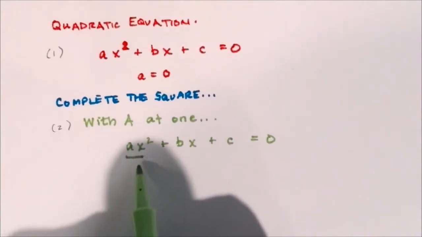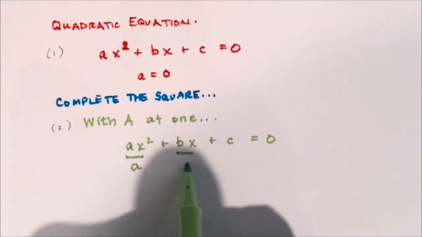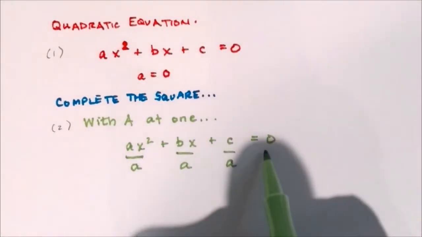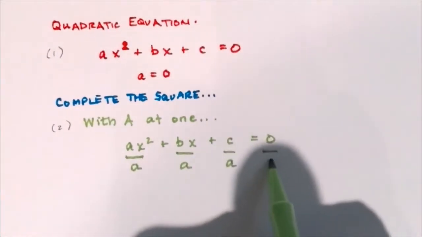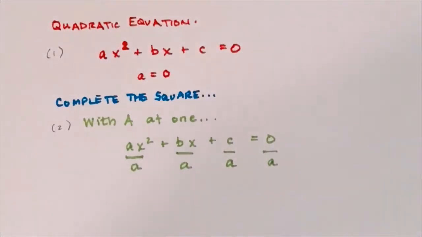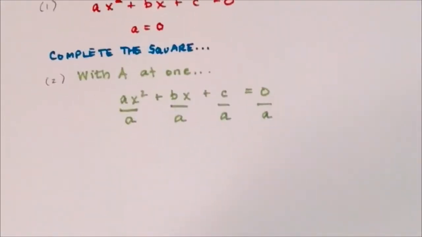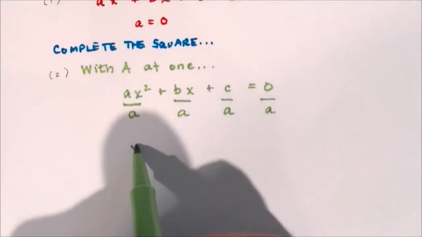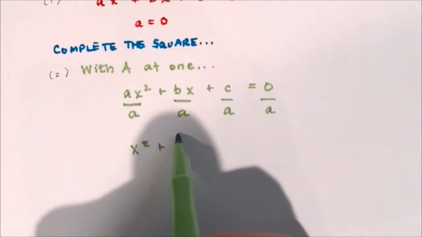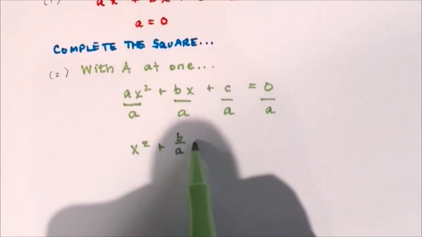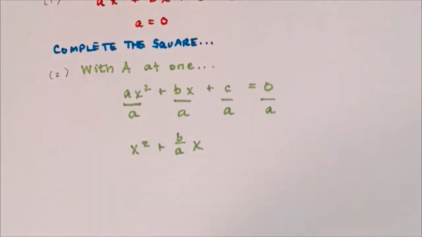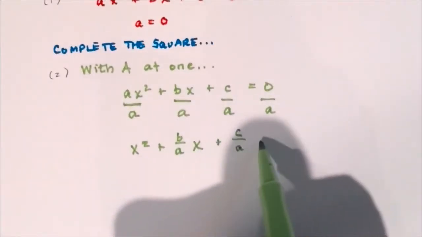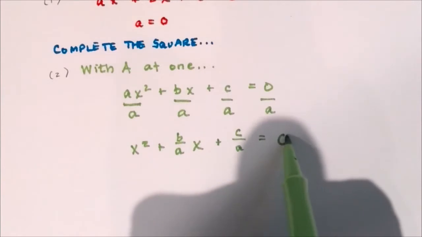So what am I going to do? I'm just going to divide everything by a. Am I allowed to do that? Yes, I am, but I have to do it to everything. After I've divided everything by a, I get x squared plus b over a x plus c over a equals 0.